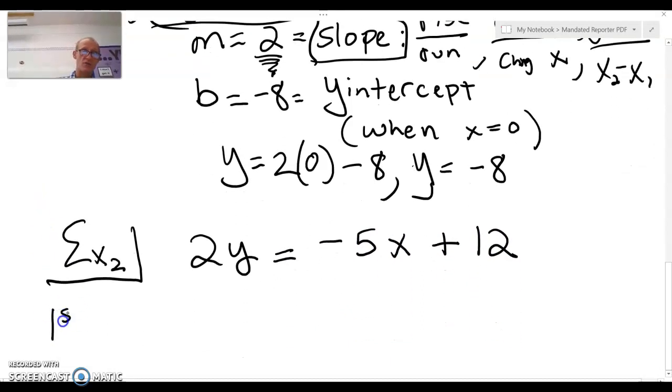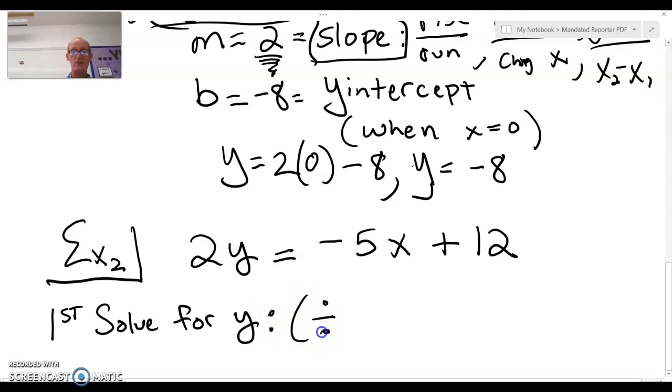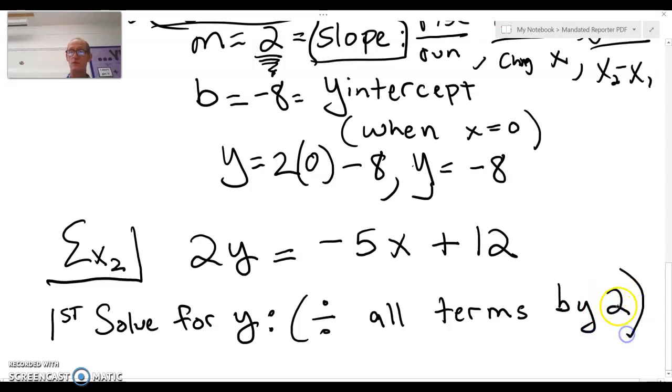First solve for y. In this problem we're going to divide all terms by 2. This 2 right here.